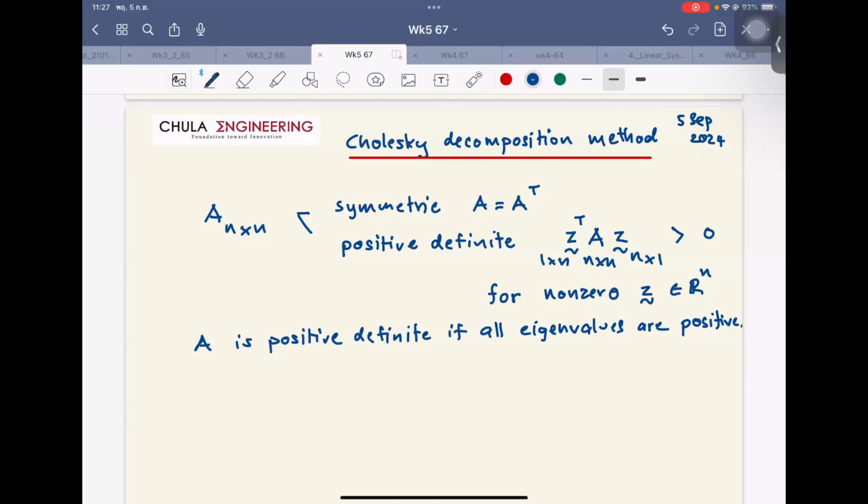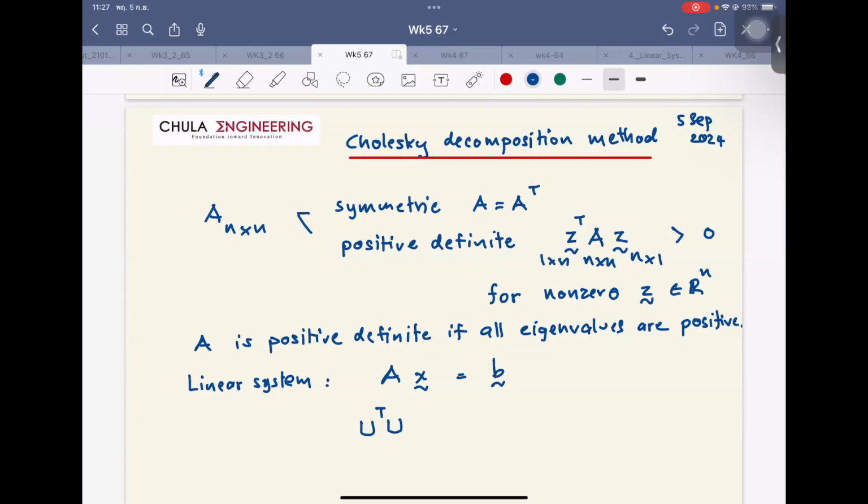So if that is the case, now our linear system AX equals B, where X and B are column vectors, we can decompose matrix A into a product of a lower triangular matrix and an upper triangular matrix.